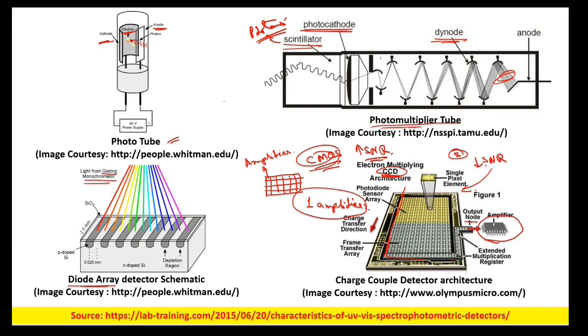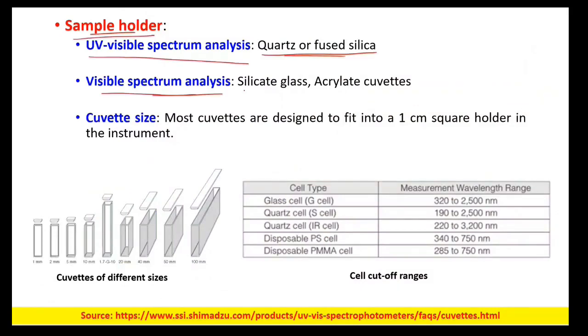However, as I told you, for visible spectrum analysis you can use silicate glass, you can use acrylate cuvettes, you can also use quartz or fused silica, because quartz and fused silica work not only from the UV region, they cover the whole of the UV visible and, up to a certain extent, the IR region also.